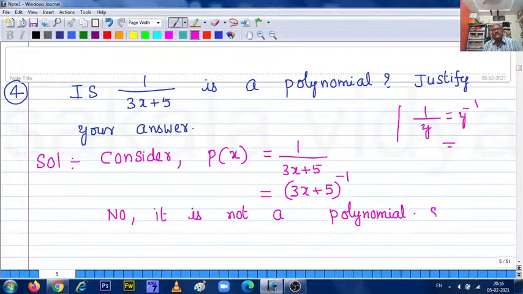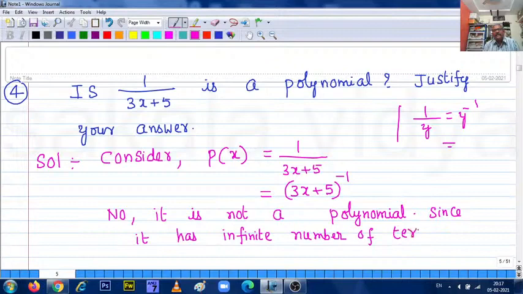Write it down like this: since it has an infinite number of terms. This is the reason, because this concept will be dealt with in higher classes. Erpula Ramalingaya, welcome. It is not a polynomial since it has an infinite number of terms.